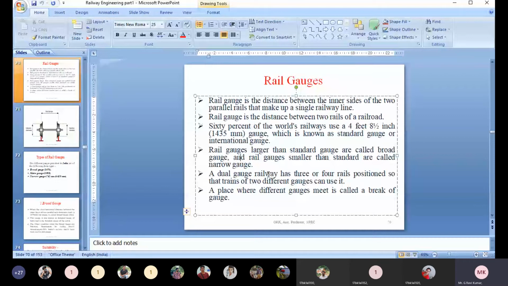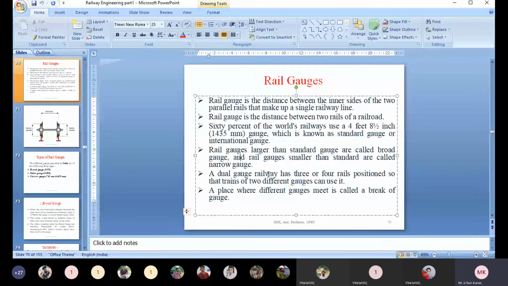And a place where different gauges meet is called a break of gauge. This is the most important point we should remember: what is break of gauge. A place where different gauges meet is called a break of gauge. It means if you consider a railway track, it may be broad gauge. After laying broad gauge for a certain distance, after that they provide meter gauge.